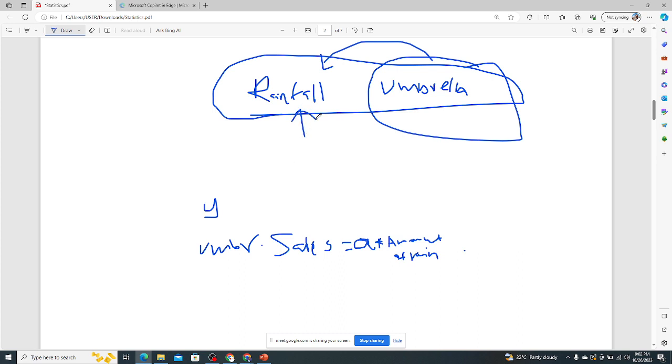We are using rainfall amount to predict the umbrella sales. So our model will be umbrella sales equal to a constant a multiplied by the amount of rainfall in millimeters, plus or minus another constant, let's say b.